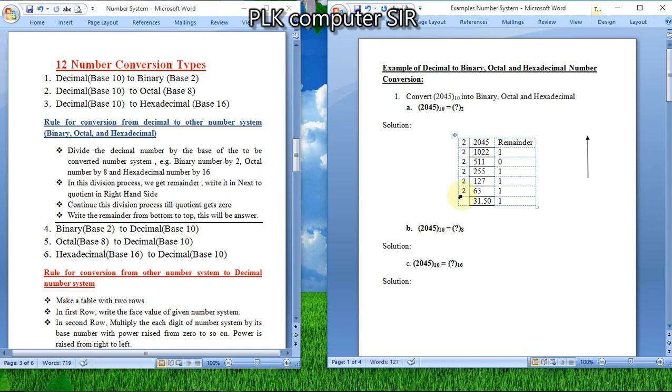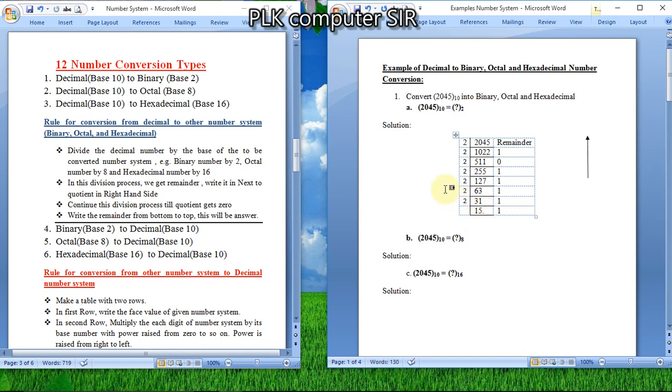We don't need this decimal point. If you divide 31 by 2, the answer will come 15.5. How to get this remainder? 31, the upper value, minus the base into the quotient 15, the answer will be 1. My dear student, no decimal point is needed here. That's why I'm writing this. It is not 0, so repeat the process.